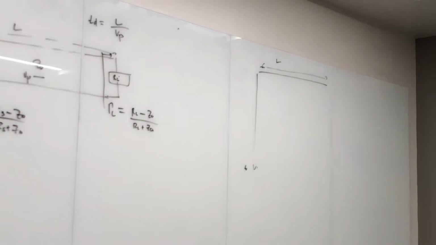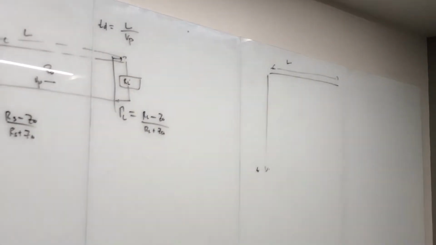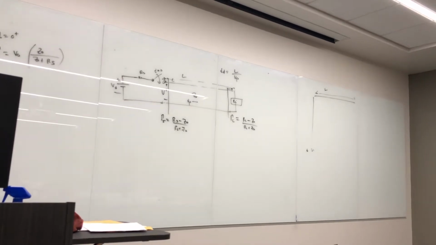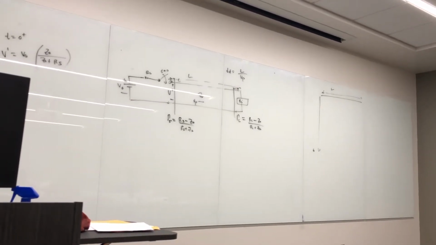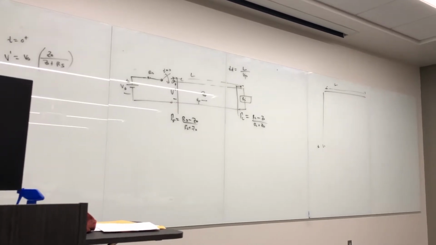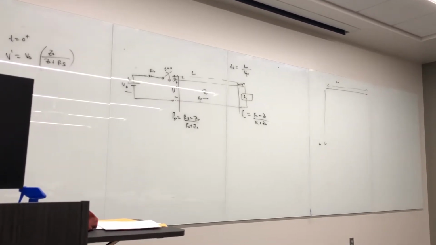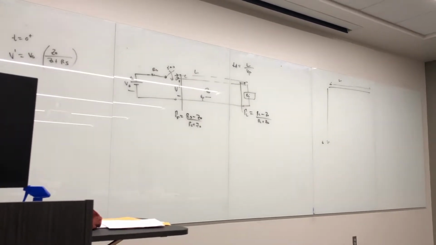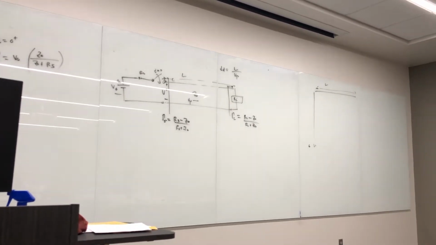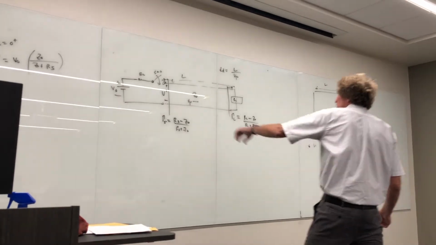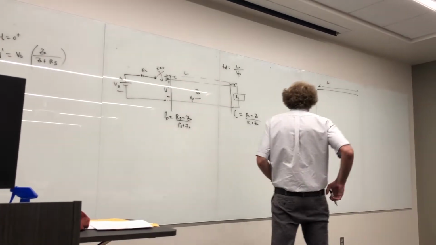But Dr. Wentworth's book, he shows this on page 87 and 88, actually page 88 is the one I want to get to. All right, now, he actually calls this voltage V0, but I like to call it V prime.